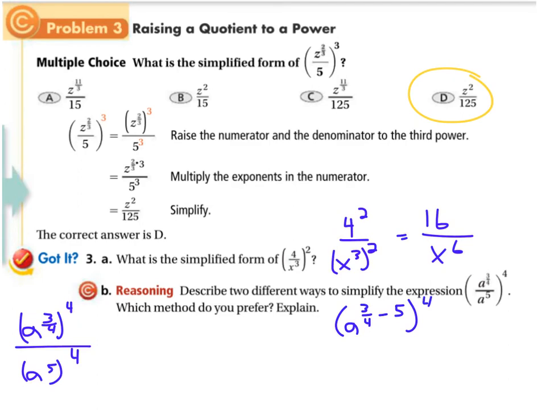Now if we did that, we'd have a to the 3/4 minus, what is 5 as fourths? 20/4, raised to the 4th power.